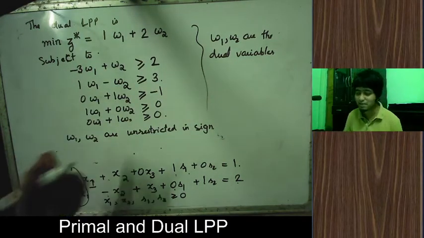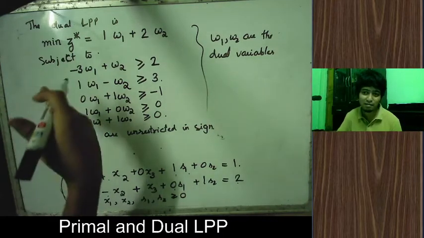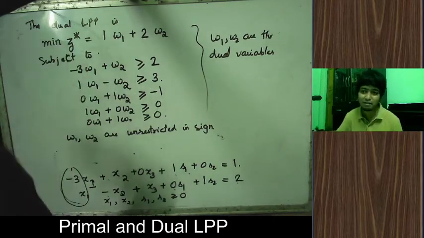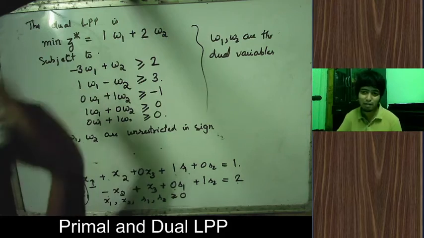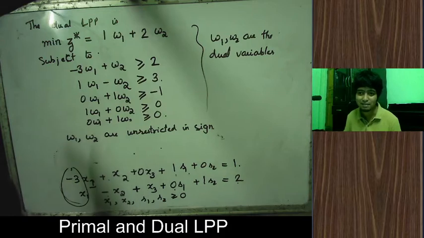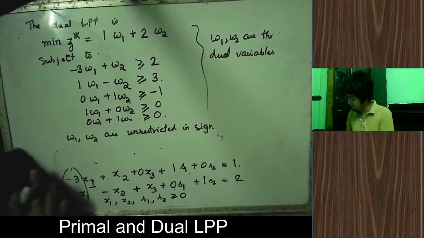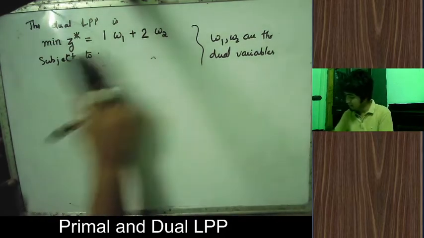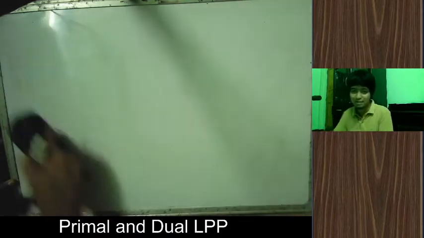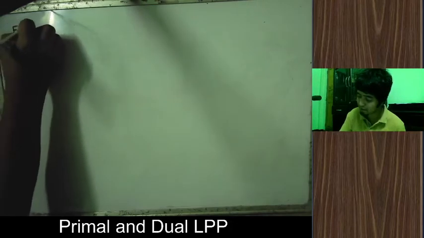You will see why we do this, and how the solution of the dual LPP is related to the solution of the primal LPP. You will learn when we are doing some more exercises, but I tell you, it is really helpful. So that was an example. Just another quick example for the dual LPP.